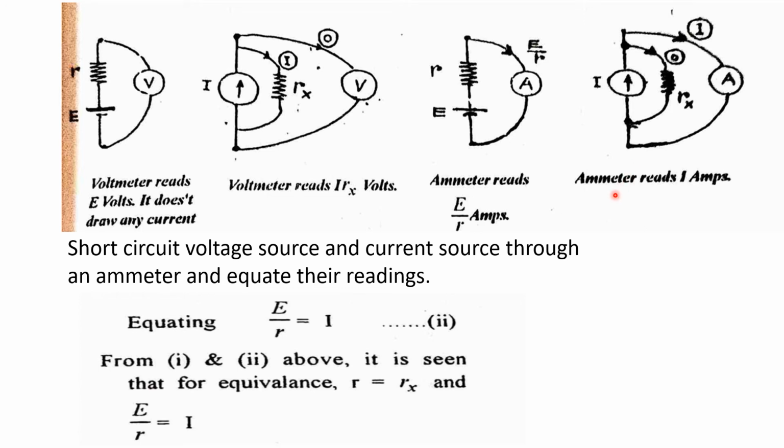In this diagram, ammeter reads I amperes. Equating, E upon R is equal to I. So from equations 1 and 2 above, it is seen that for equivalence, R is equal to Rx and E upon R is equal to I.